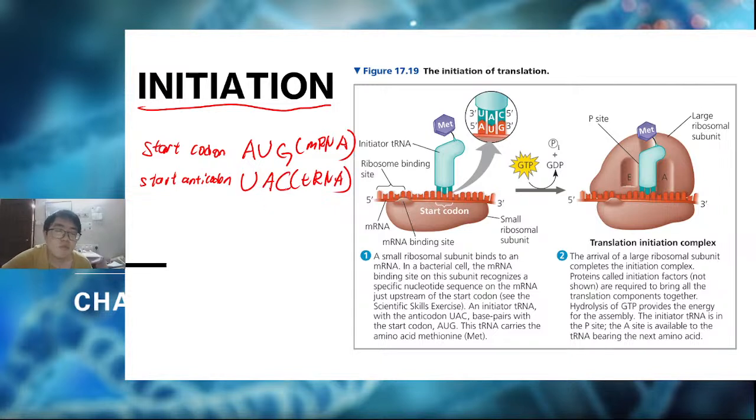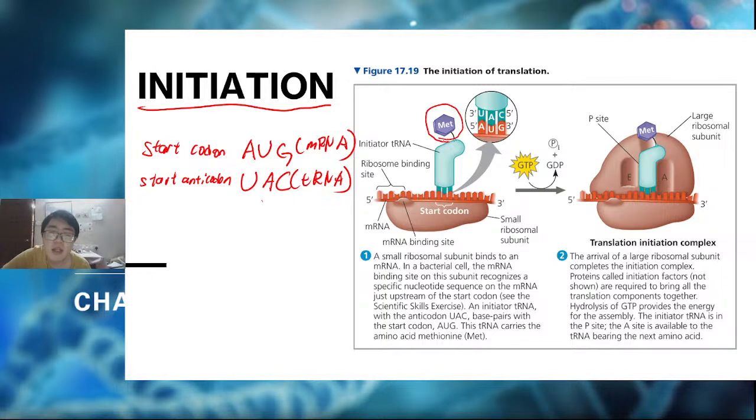So UAC will be the initial anticodon. It means that the tRNA with the UAC will firstly come to the mRNA first. And then this tRNA will carry methionine. It will carry methionine.